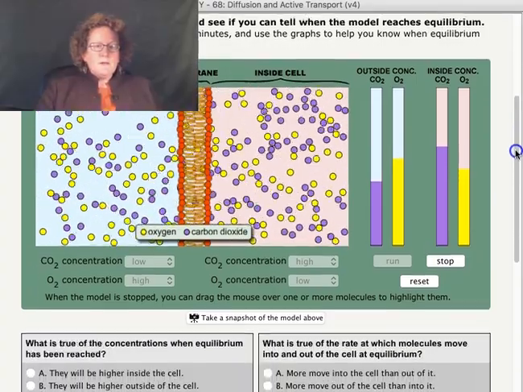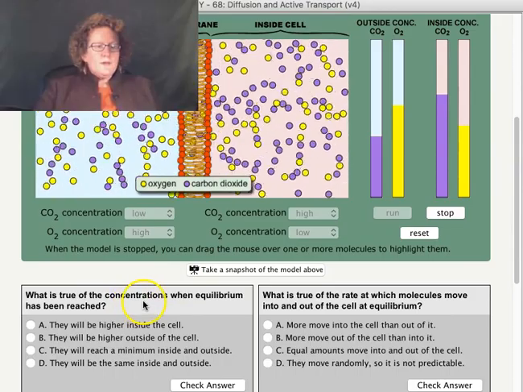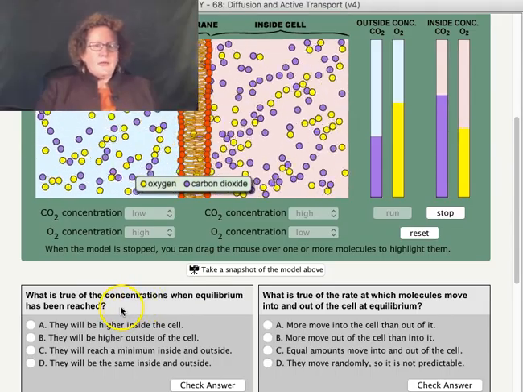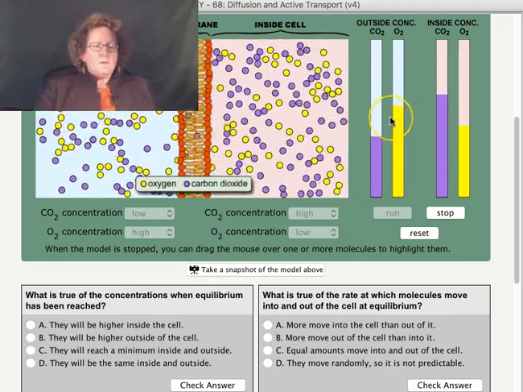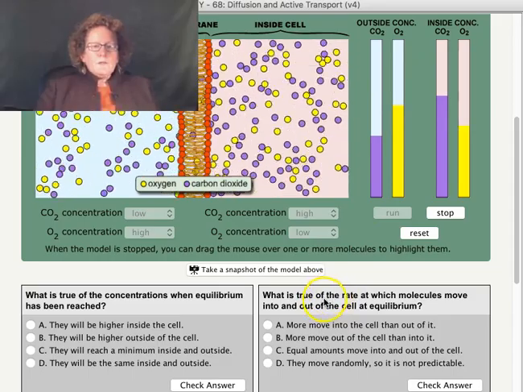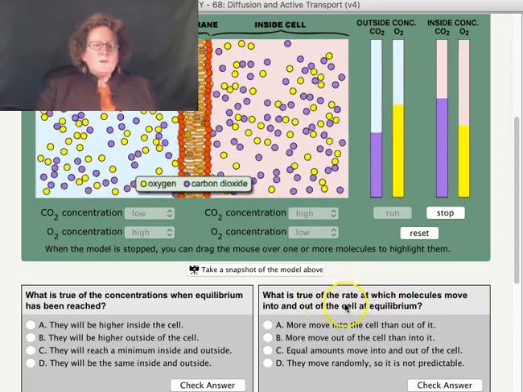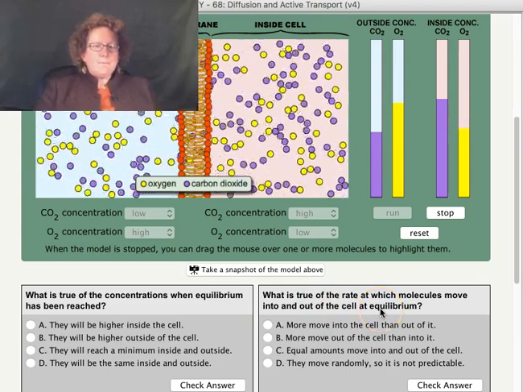So let's go down and see if we can answer the questions. What is true of the concentrations when equilibrium has been reached? Well, we're getting close to equilibrium, so you can kind of think about that. What is true of the rate at which molecules move into and out of the cell at equilibrium?